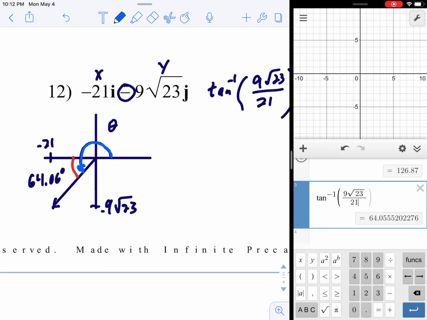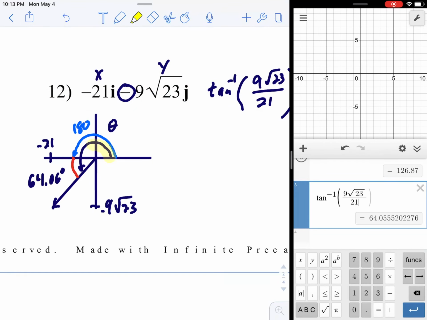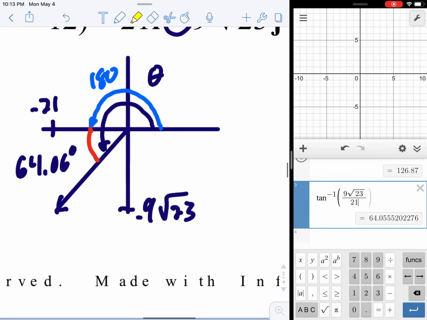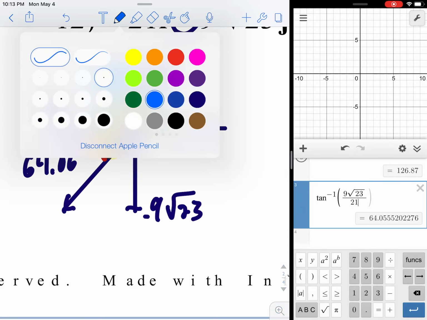Well, to find that angle, I'm going to keep in mind that from here to there is 180. So if I want to get this 180 and then 64.06 degrees more, oops, that autofilled a circle. If I want to get 180 to here and then another 64 more, in this case I'm going to have to add.